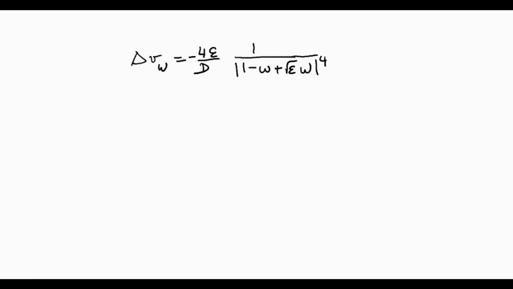Now, because the domain lies in this band of radius square root epsilon, we are going to neglect in first approximation all variation in r.